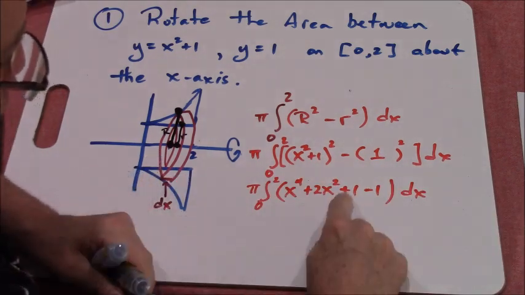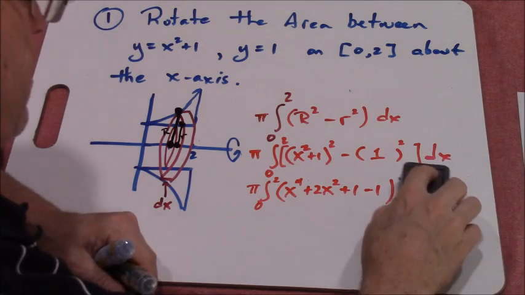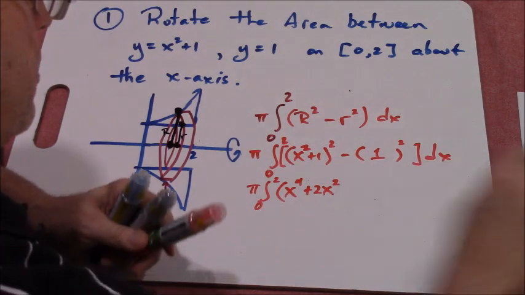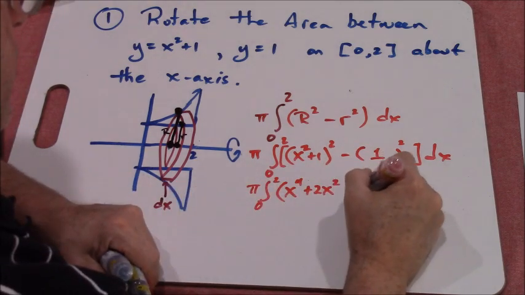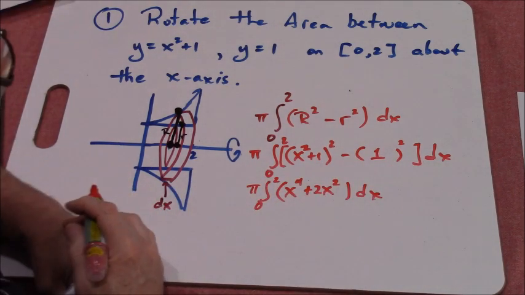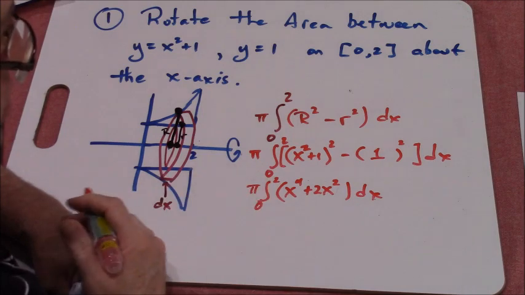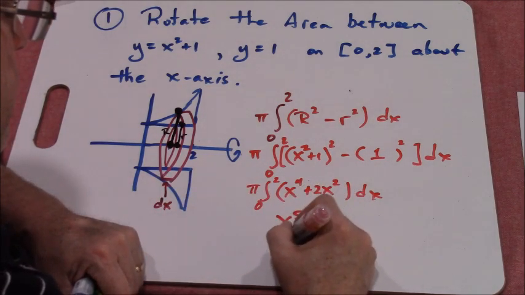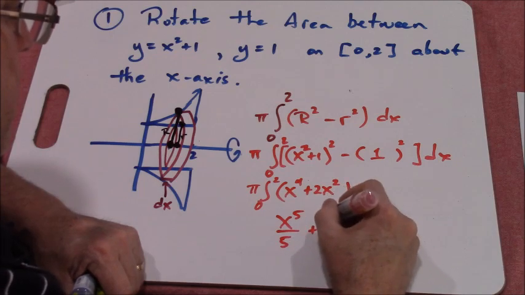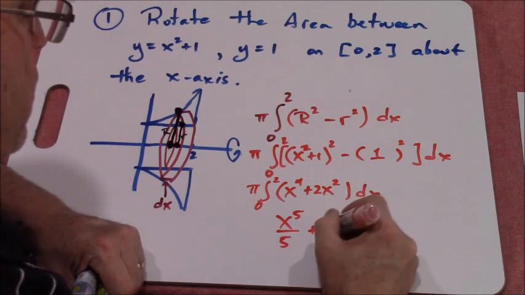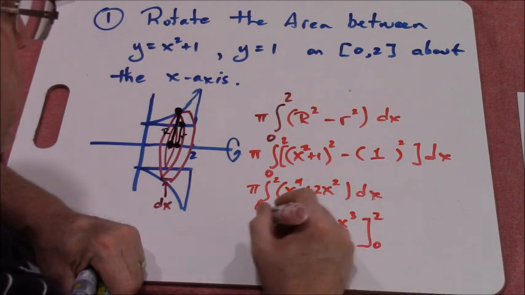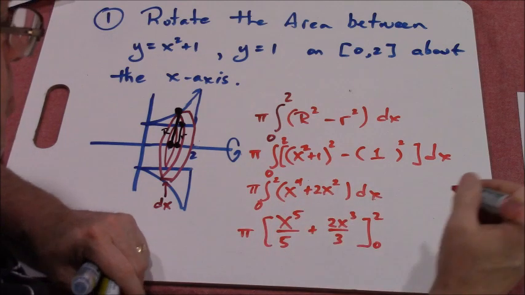So if I'm going to add 1 and then subtract 1, I can go ahead and just get rid of that. So that's an integral that I don't think I need my calculator for. X to the 5th over 5 plus 2x cubed over 3. We're going to evaluate that from 0 to 2, and then multiply it by pi.